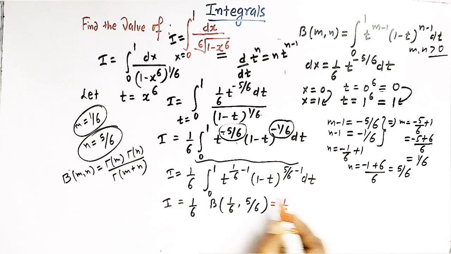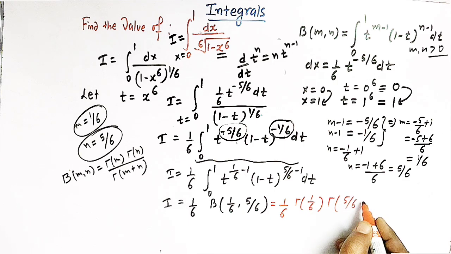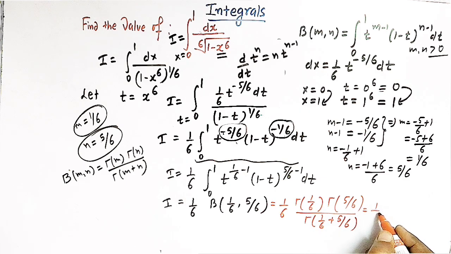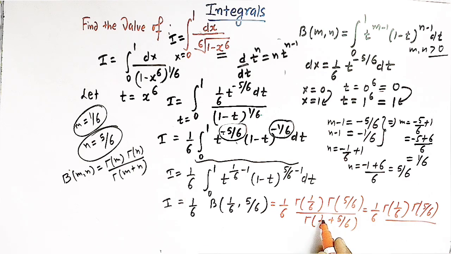Then we have gamma 1 over 6 times gamma of 5 over 6 divided by gamma of 1 over 6 plus 5 over 6, where 1 over 6 plus 5 over 6 is 6 over 6, that is equal to gamma 1, and gamma 1 is equal to 1. So here we have 1.